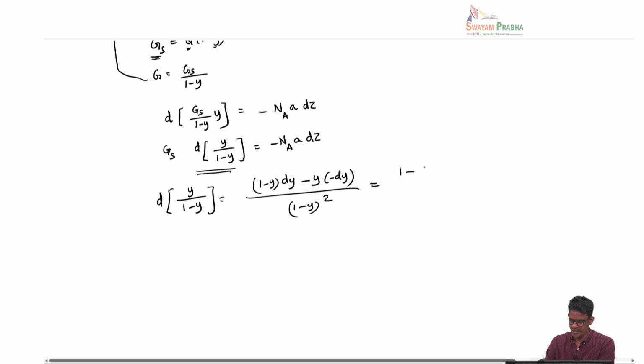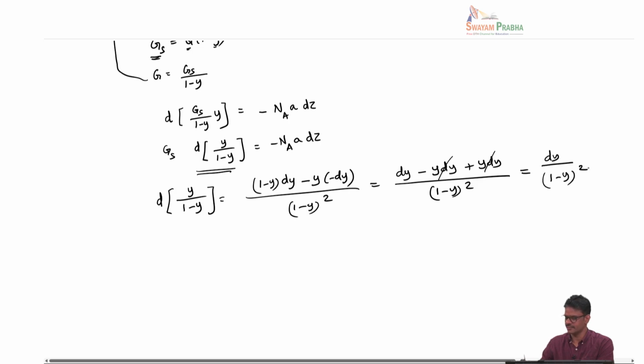So you will get 1 dy minus y dy plus y dy over 1 minus y whole squared, and these two terms cancel. So you will get dy by 1 minus y whole squared. Okay, so now I can substitute that here. So I will have Gs dy by 1 minus y whole squared is equal to minus NA dz.